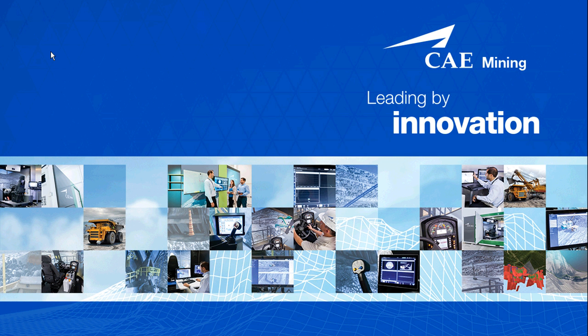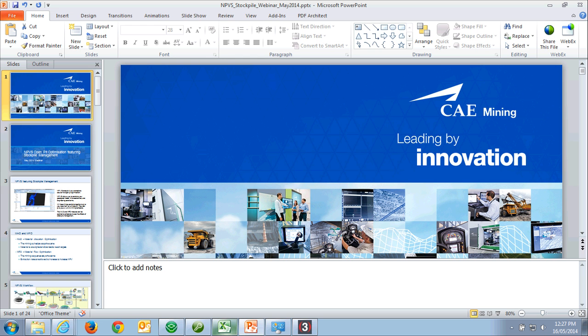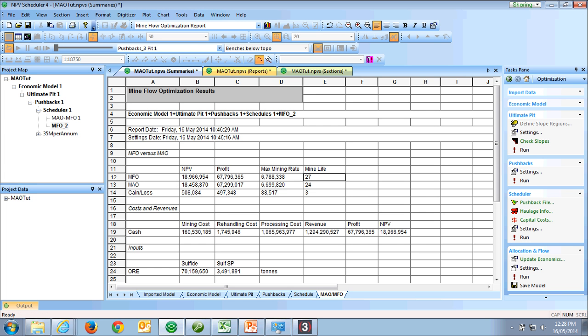Yes, we can put... We can't put equipment costs into the system. If you're talking about shovels and trucks, then we don't put those capital costs into this. Well, actually, we can put capital costs into the system. I'll show you here.